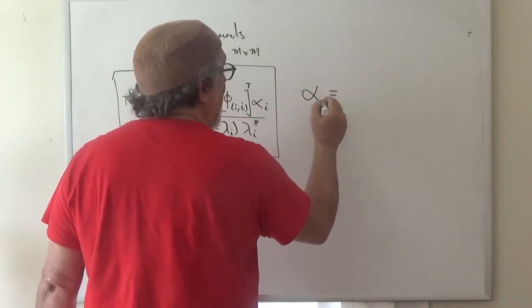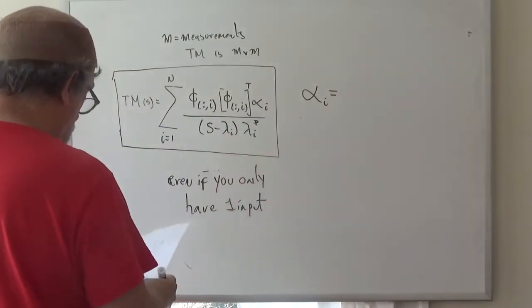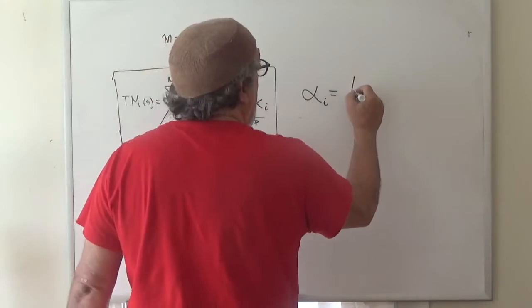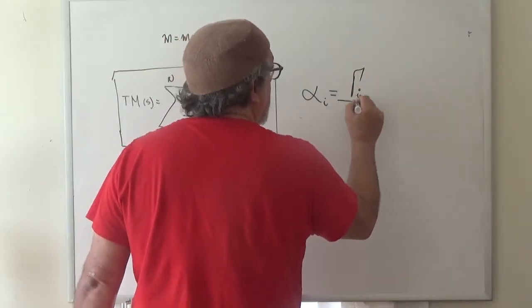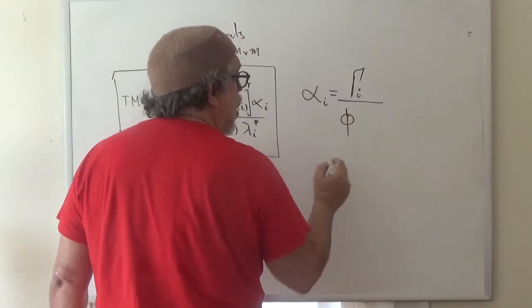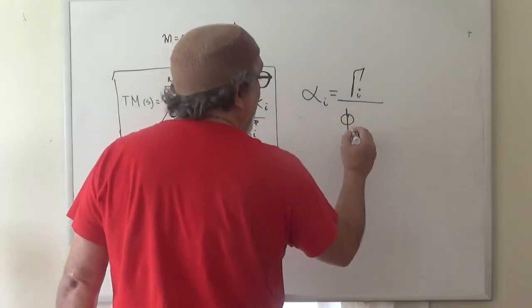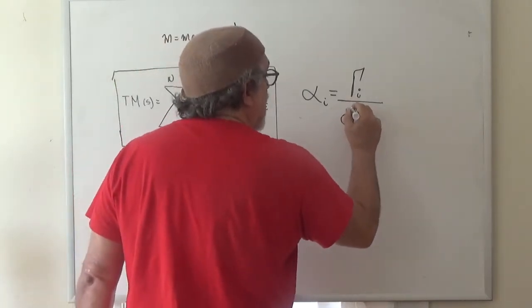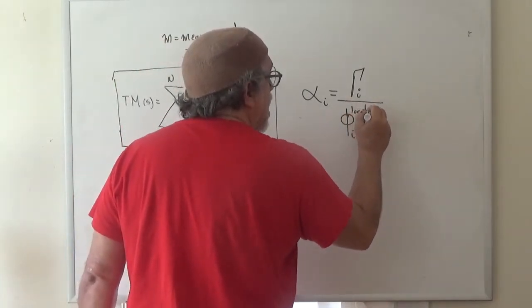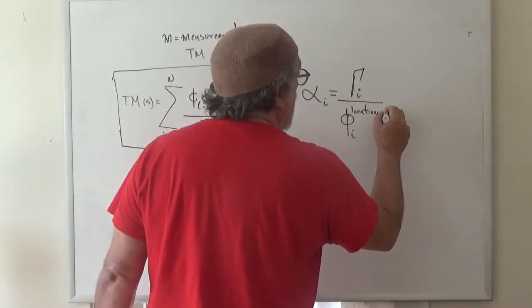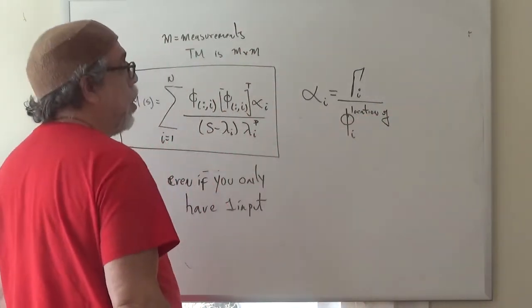So if you only have one input, you can still use this because the value of the constant alpha I is equal to what? It is equal to tau I divided by what? By the value of the mode shape I at the location of loading.